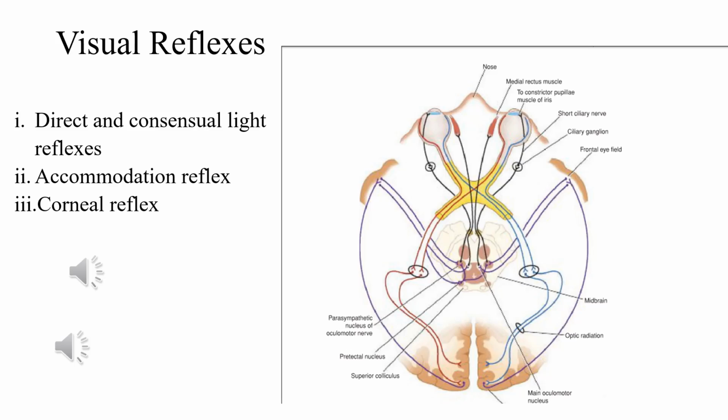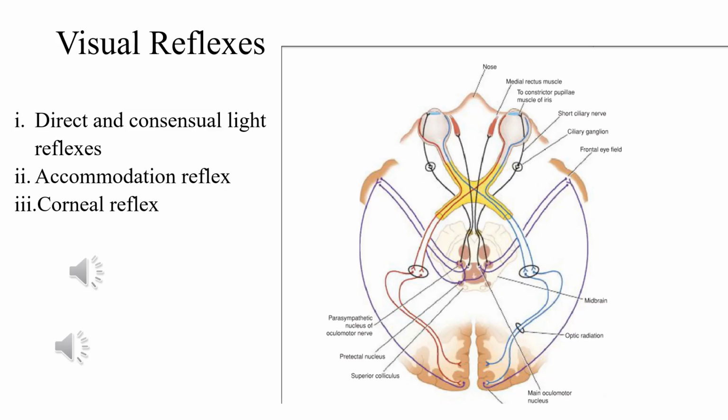Now when these optic radiations terminate in the visual cortex, some of the fibers have connection to the frontal eye field. These fibers which are connected with the frontal eye field from the visual cortex will descend from the cortex and internal capsule, passing through the posterior-most part of the internal capsule, and enter the midbrain.